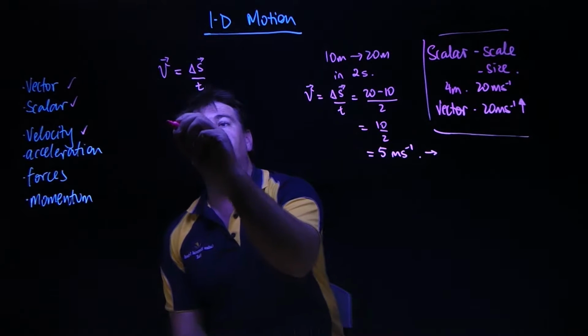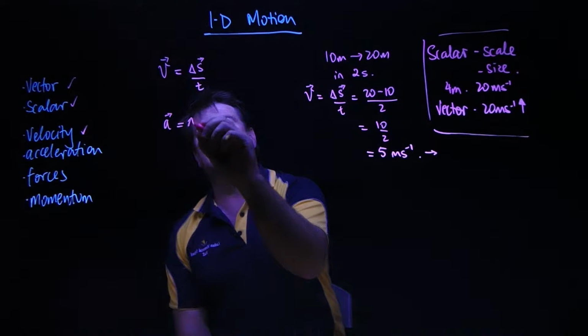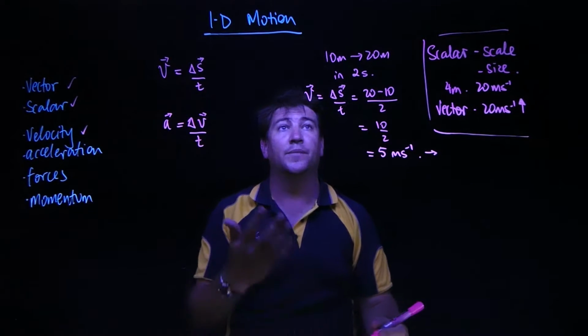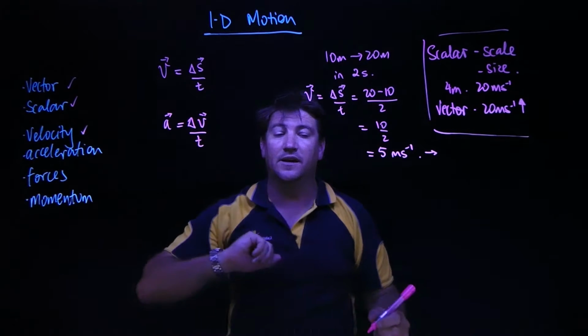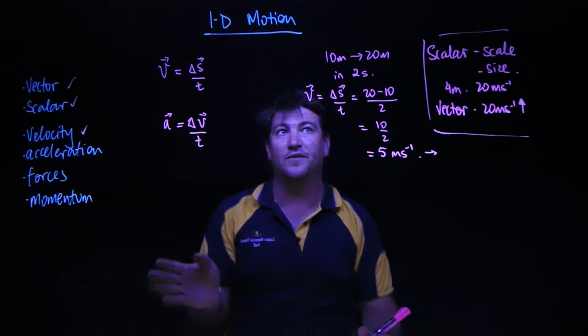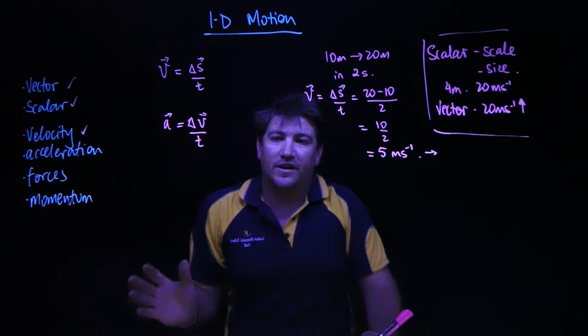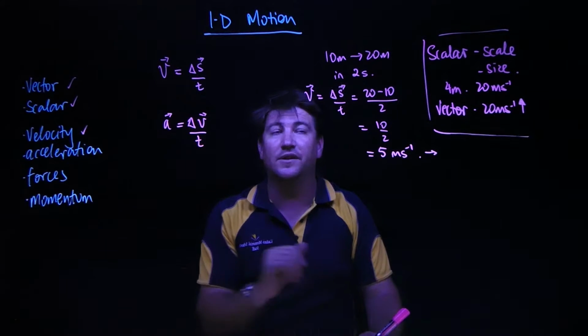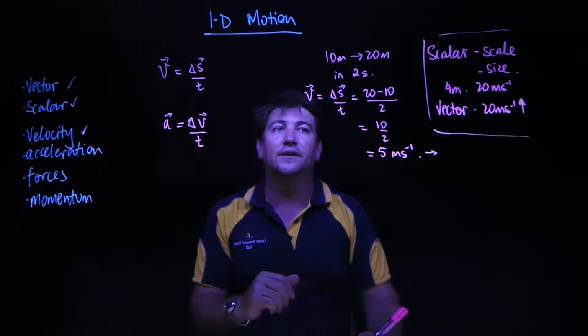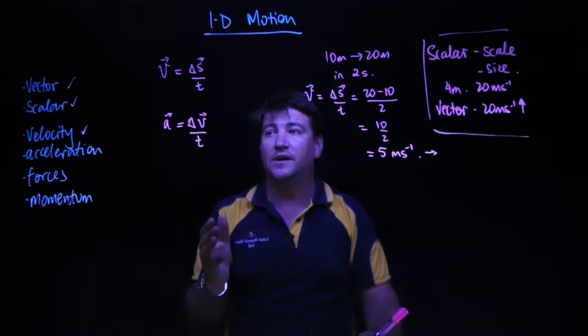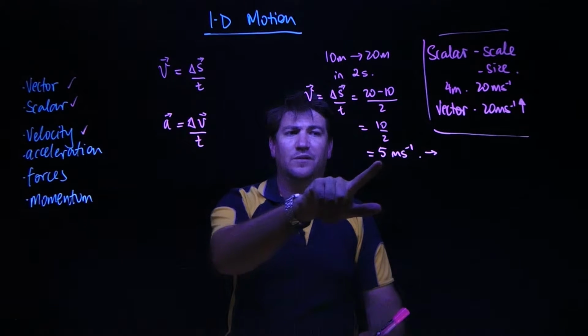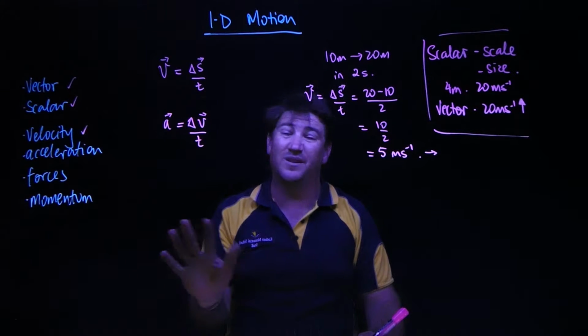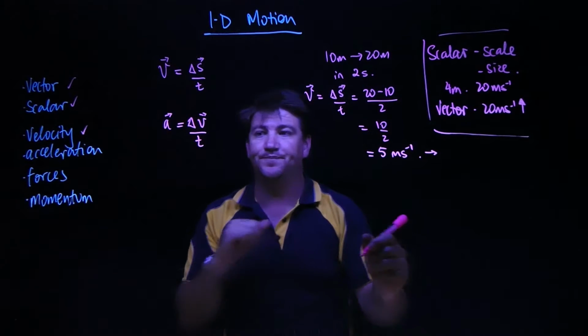Let's use the same numbers: we've gone from 10 meters per second to 20 meters per second, and we've increased our velocity, so we've accelerated in the same direction of travel, which means we've got an acceleration value of 5, but the units are different.